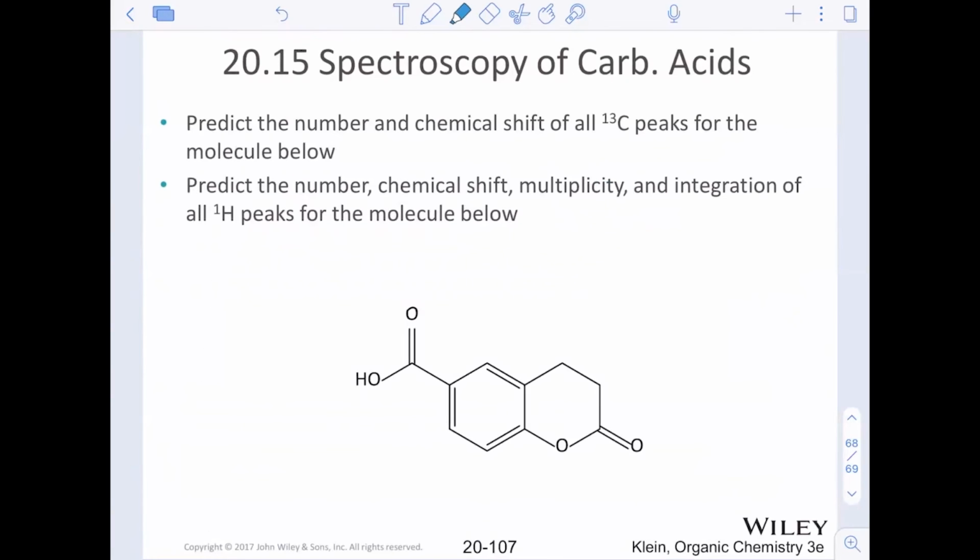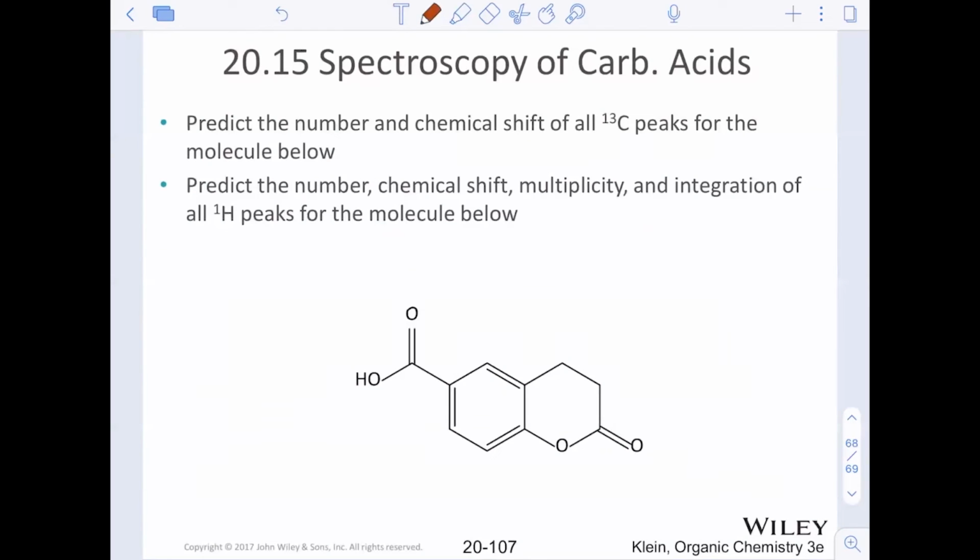Let's just predict the number of chemical shifts for all these lovely carbon-13 carbons in this molecule, and let's predict the number of proton NMR signals, okay? So when we're looking at this, we want to just start predicting and seeing if there's symmetry. Well, there's not symmetry in this.